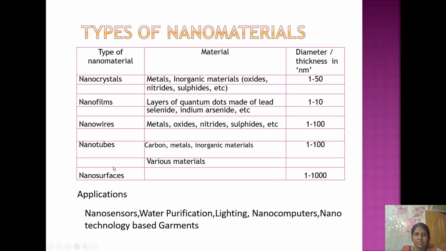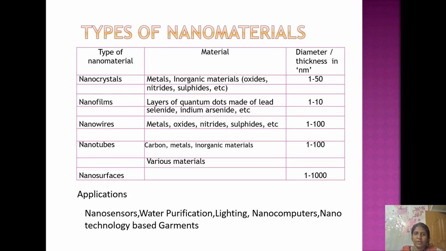This table represents the types of nanomaterial and their related diameter or thickness. Nanocrystals: crystals of metals and inorganic materials like oxides, nitrides, sulfides, etc., which vary in diameter from 1 to 15 nanometers.